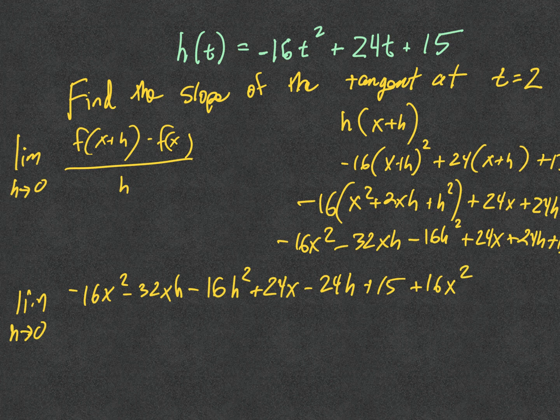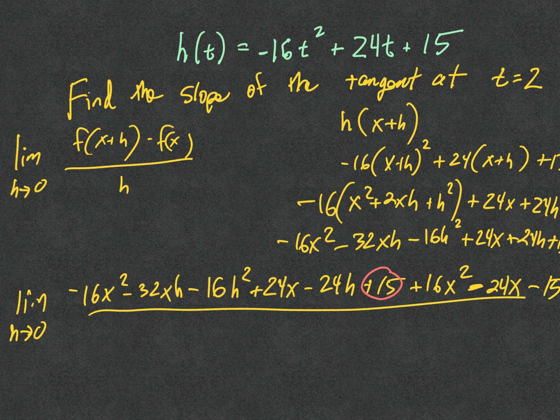I know it's t, but we made them into x's, and we're okay with that for now, x squared. Minus 24x minus 15. Oh, and the whole thing is all over h. 15, negative 15. Negative 24x, positive 24x. Positive 16x squared, negative 16x squared.